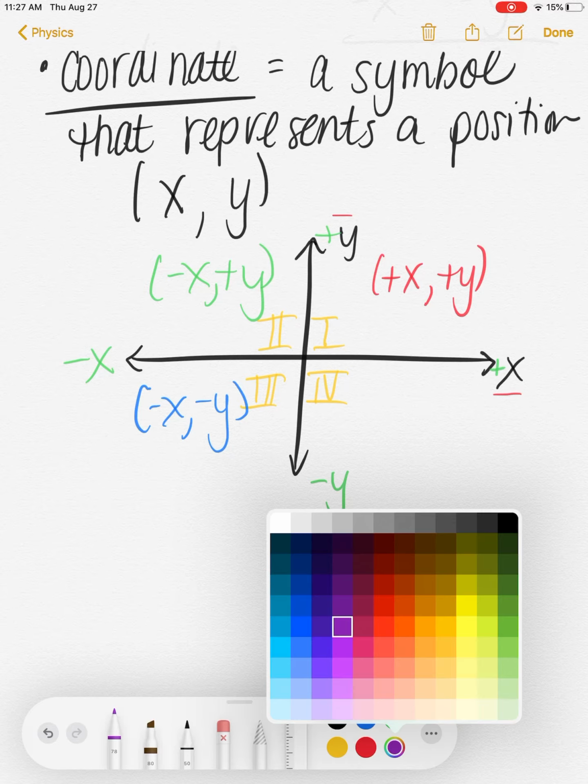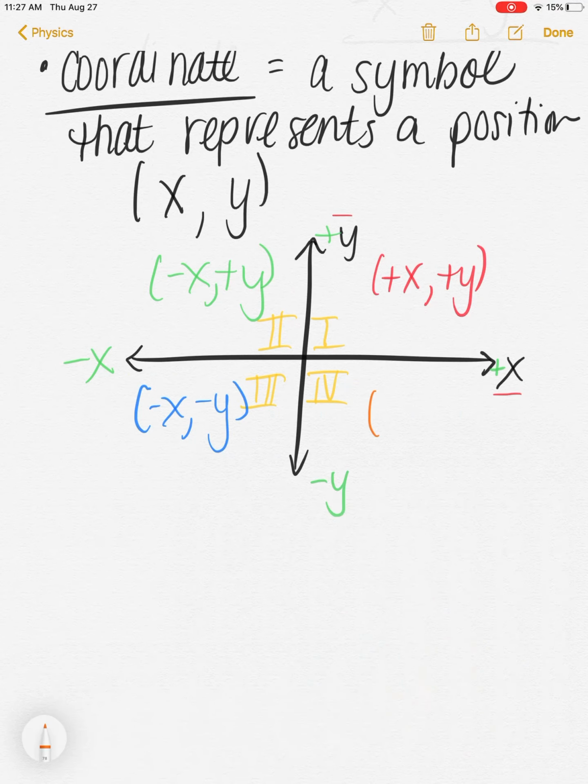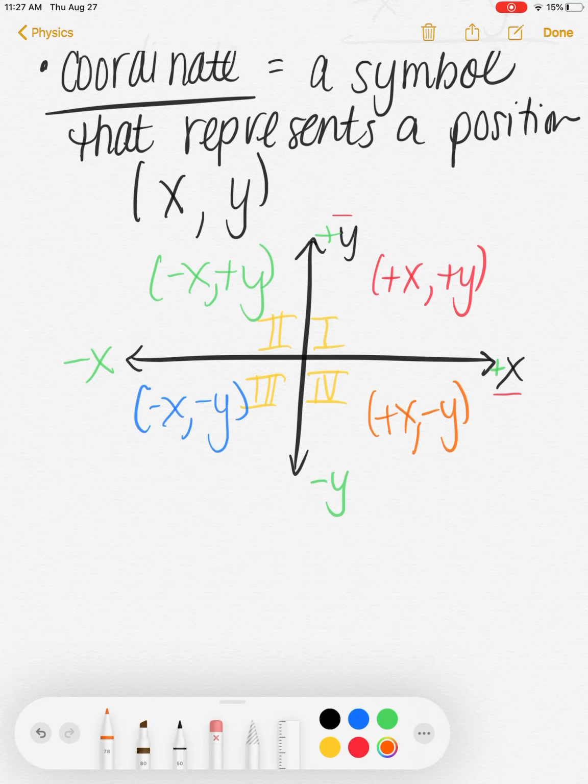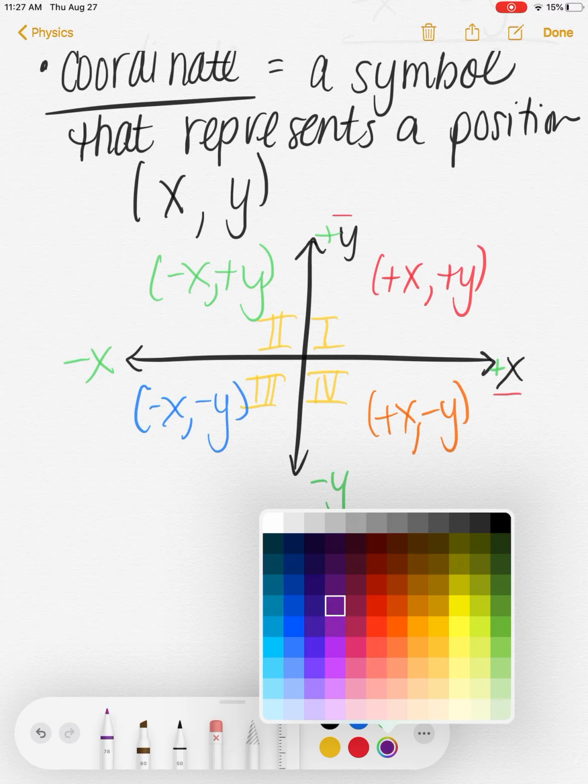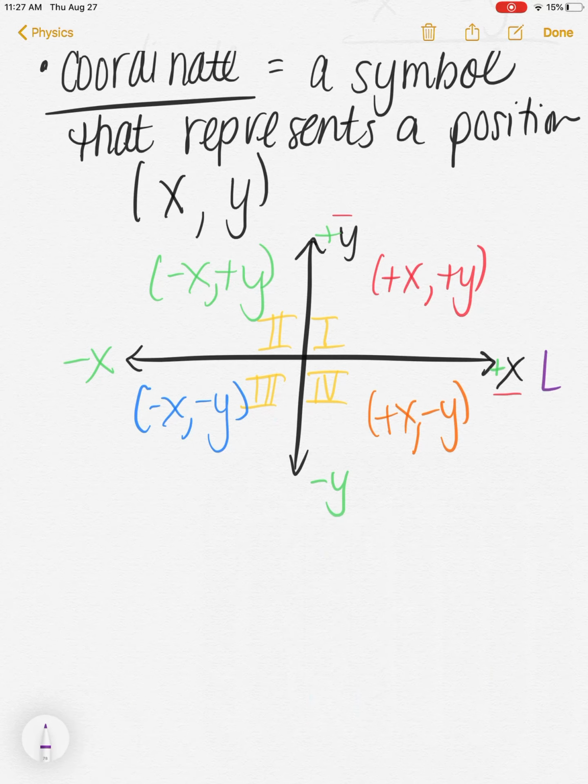And if you had, let's see, choose orange here, a positive X but a negative Y value, you would be in quadrant 4. Specifying these positives and negatives is going to help us tremendously in figuring out where your point or your object is moving. Another really common way of expressing this is using east and west, north and south.